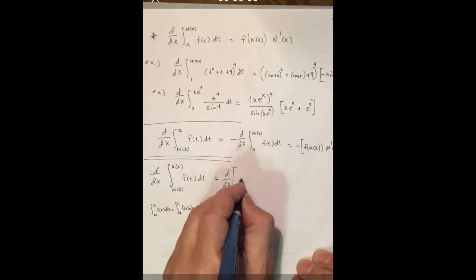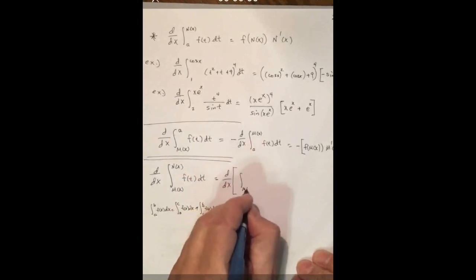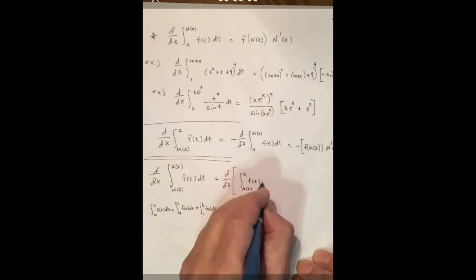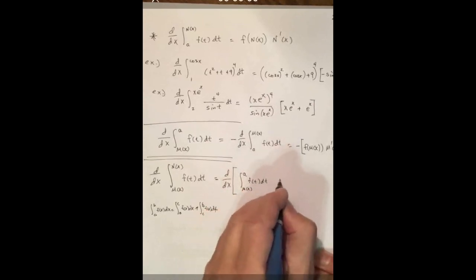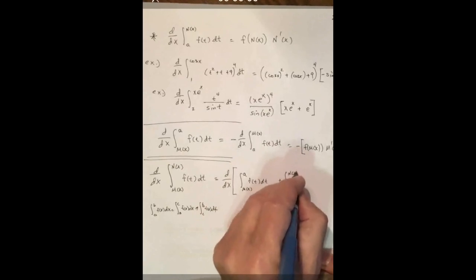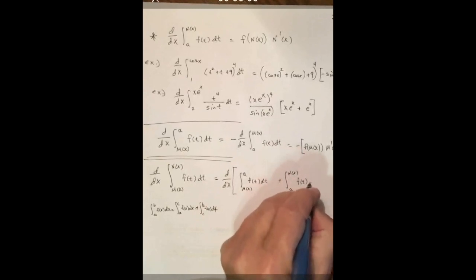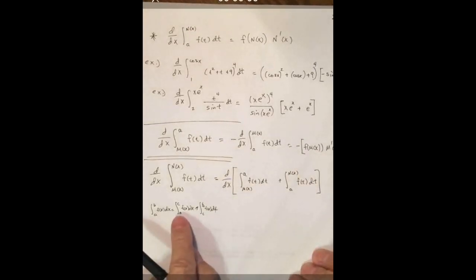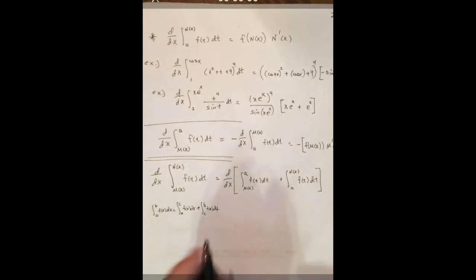So I'm going to write this as the integral from m of x to a, plus then the integral from a to n of x. See that? I'm just going to use this property right here. And that gives me this.